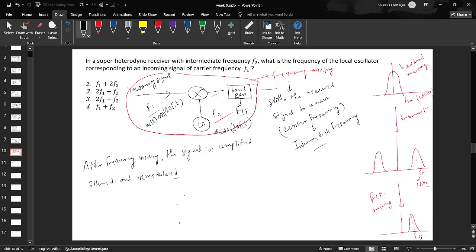Doing the product, which is called frequency mixing, let's see what we get: m(t) cos 2 pi F1 t cos 2 pi F2 t. With basic trigonometry, we get m(t) over 2 times cos 2 pi (F1 plus F2) t plus cos 2 pi (F1 minus F2) t.